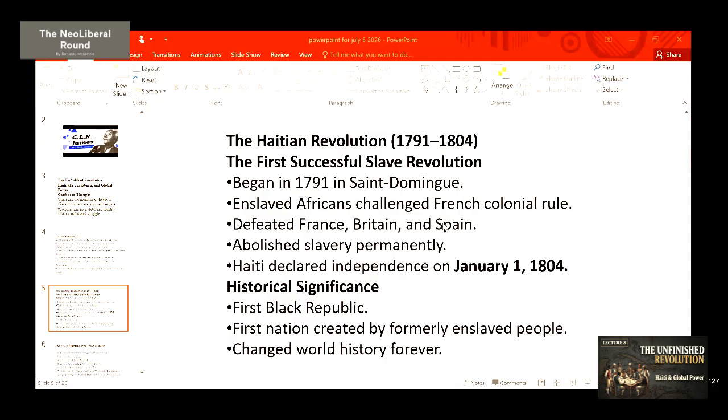So in 1825, France forced Haiti to pay a massive indemnity in exchange for recognition, turning liberation into debt and punishing Haiti for daring to defeat the empire.